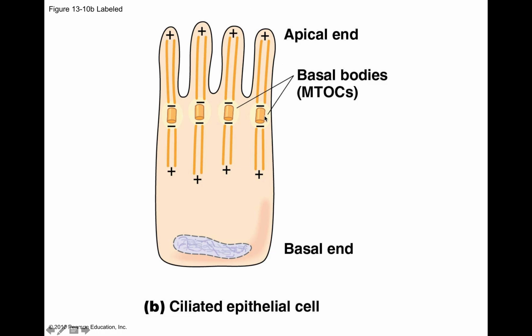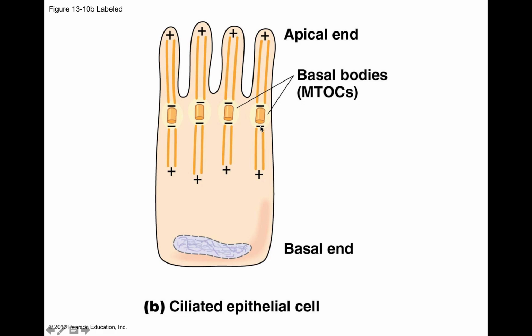They have a basal body at the base of these finger-like projections that are cilia that are coming off of the cell. All the microtubules have the same orientation in those cilia. The minus end at the basal body, the plus end at the tip of the cilium. And that's because of these microtubule organizing centers. In this case, they aren't called centrosomes, they're called basal bodies, but it's just another type of microtubule organizing center.